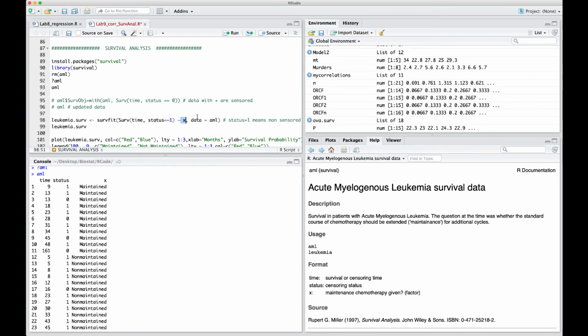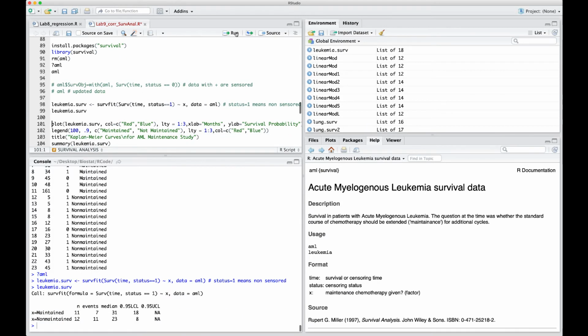Okay, so data is AML. Let us look at that. Let us plot that. The plot will come later, but this will basically summarize the data. Look at this. N is 11 for maintained, and N is 12 for not maintained. Events is 7 and 11. So what do you mean by events?